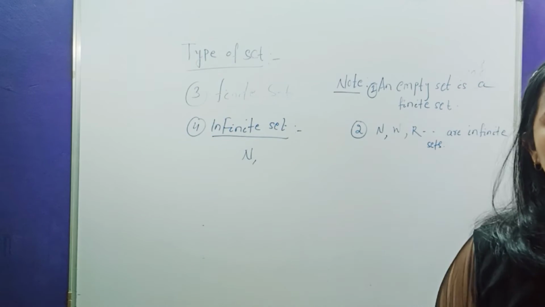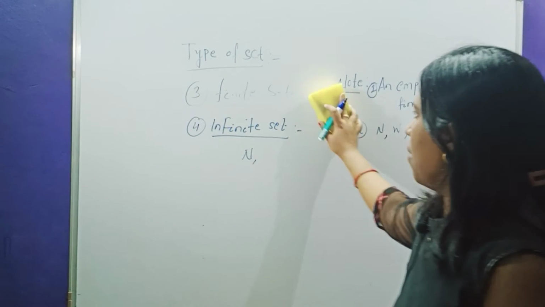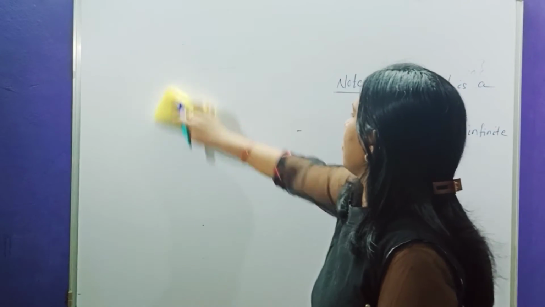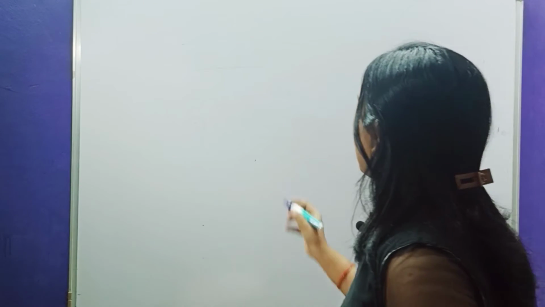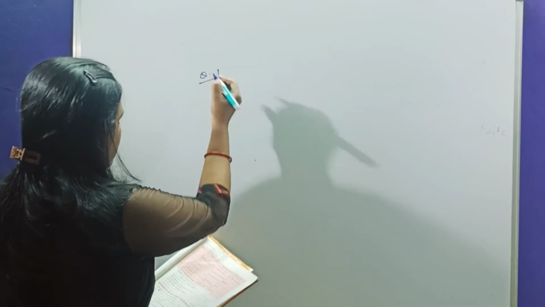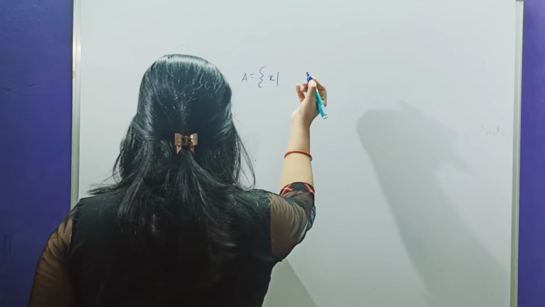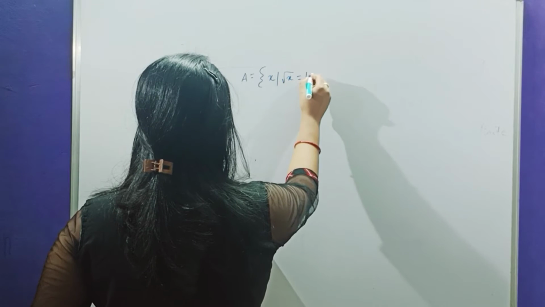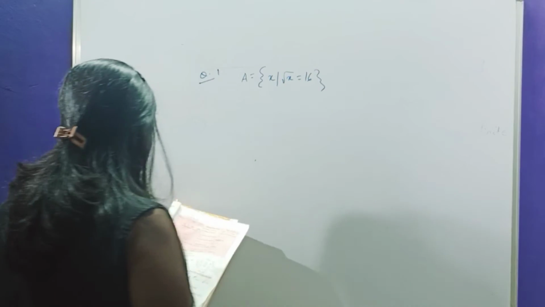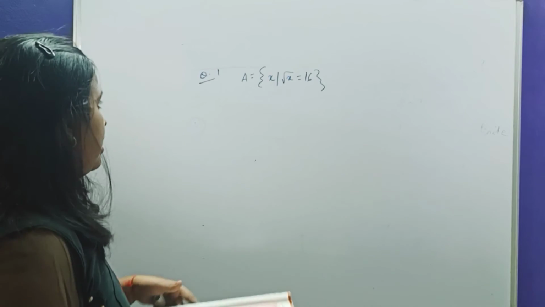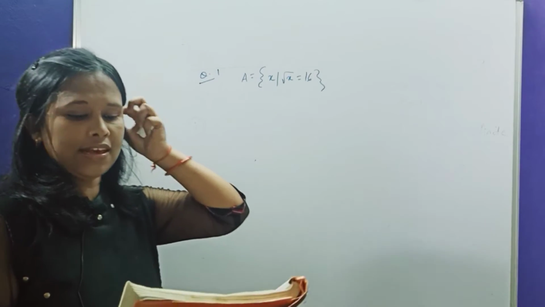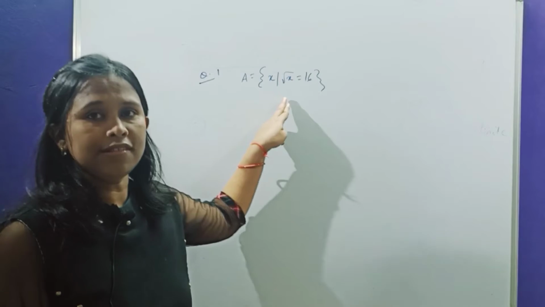Now we will discuss the next exercise of set theory. I am solving one question. Question number 1: suppose I write a set A, {x such that root x is equal to 16}. Is this a singleton set?